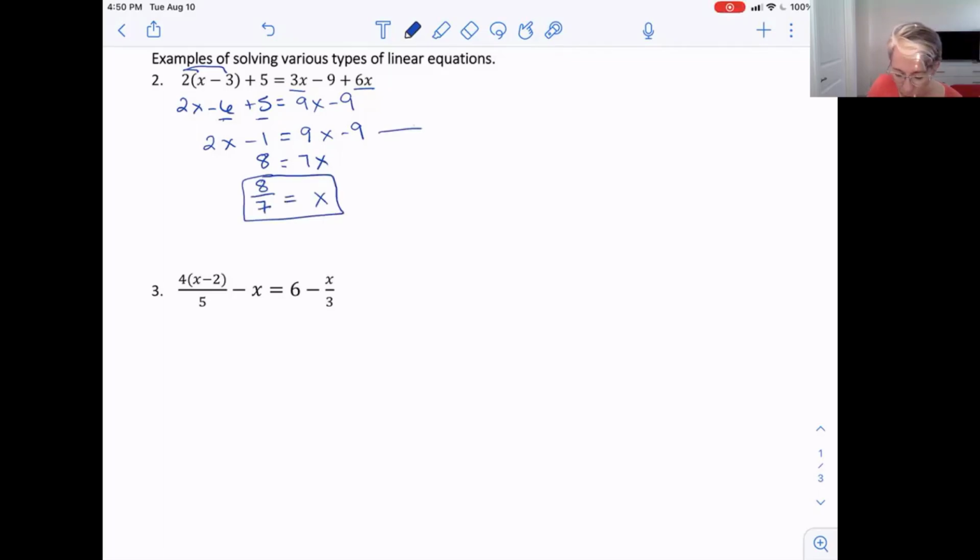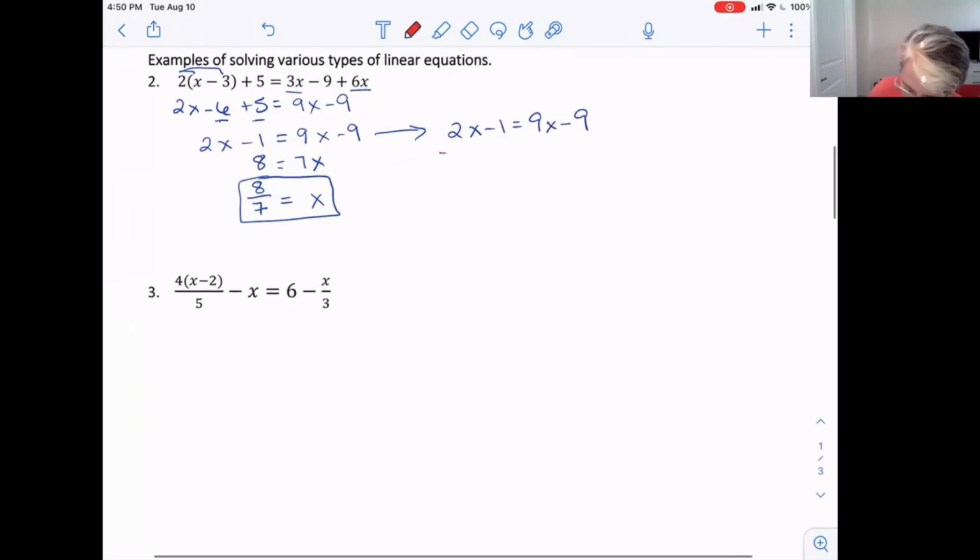Be careful. A common mistake I see is people just moving the numbers over and not doing the opposite operation. So if you tend to make careless errors in your work, and we all do on occasion, then write your steps. Show that you're doing the opposite. This should equal 0.